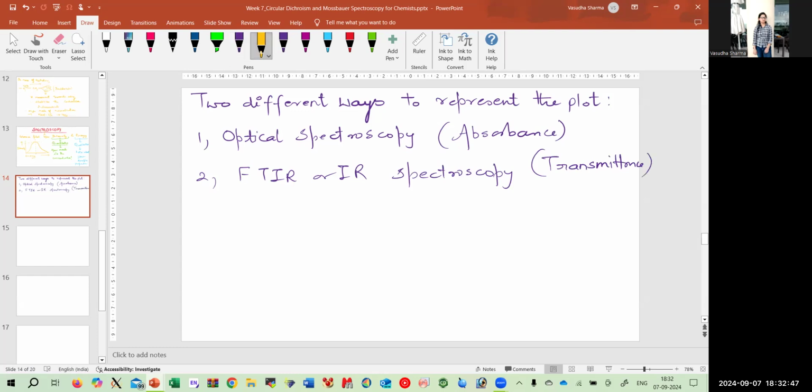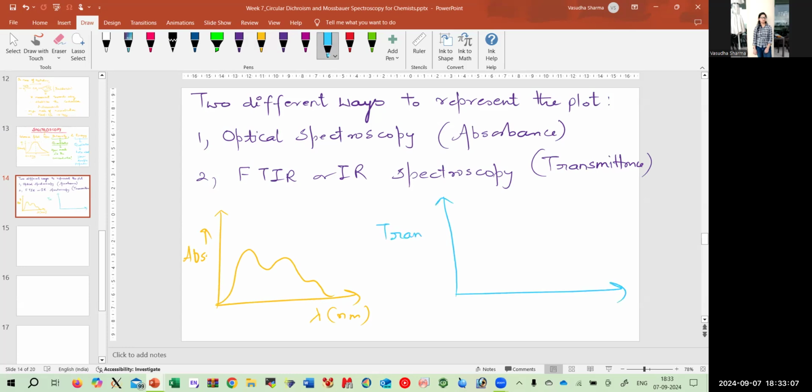If we take the first one, the absorbance, you have already seen, we'll be having lambda in nanometers, and you see a plot having different peaks. Similarly, if we have the IR, you would be having the percentage transmittance. So whatever peak you are seeing over here, at exactly the same point, you can expect your peaks to come.